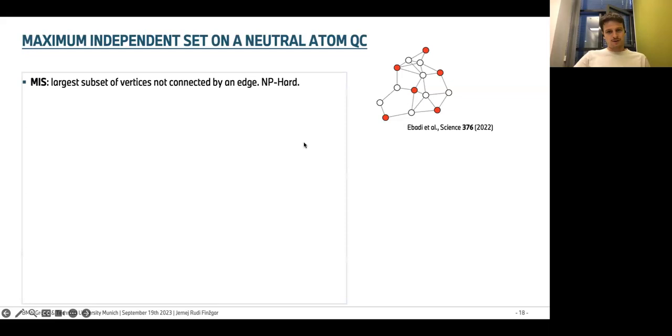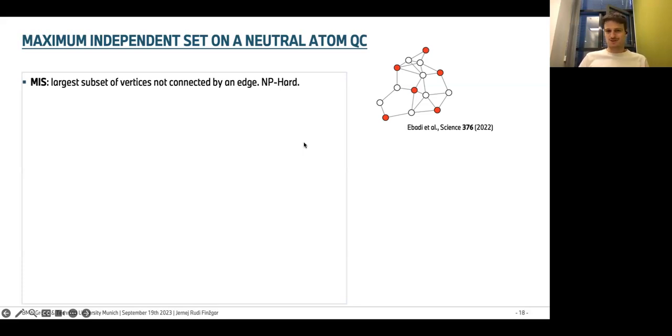To give you a bit of background, the maximum independent set problem is a very famous combinatorial optimization problem that deals with graphs. In particular, given a graph, you're tasked to find the largest subset of vertices which are not connected by an edge.